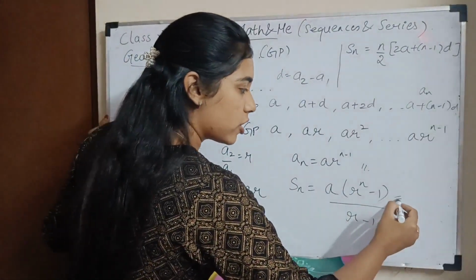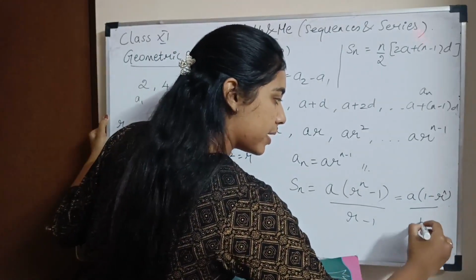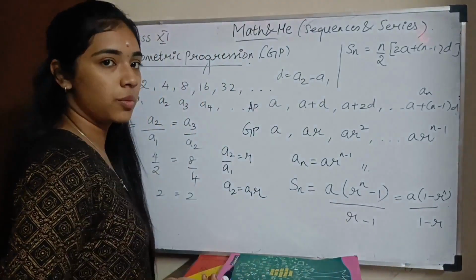Or you can also write it as a times 1 minus r to the n divided by 1 minus r. You can use whichever you want.